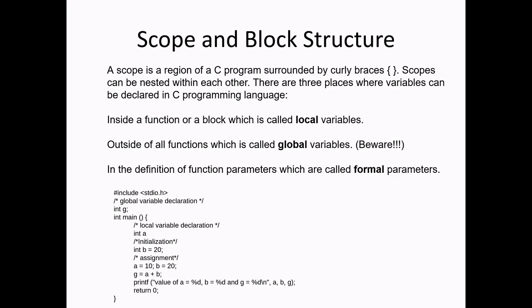There are three places a variable can be declared in C. There is within a scope block, which is called a local variable. There is outside of all scopes, which is called the global scope. Be careful when declaring things in the global scope, or specifically variables. Functions have to be in the global scope. And in the definition of function parameters, that's between the parens, which are called the formal parameters of a function.